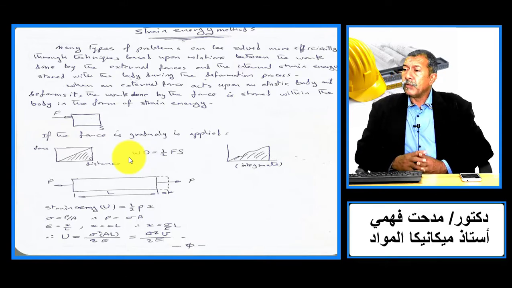So if we talk about strain energy, it means half multiplied by the force multiplied by the distance.